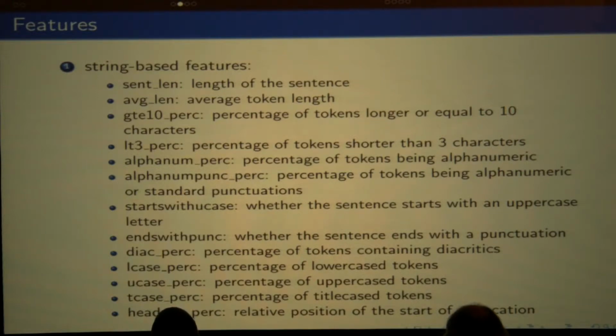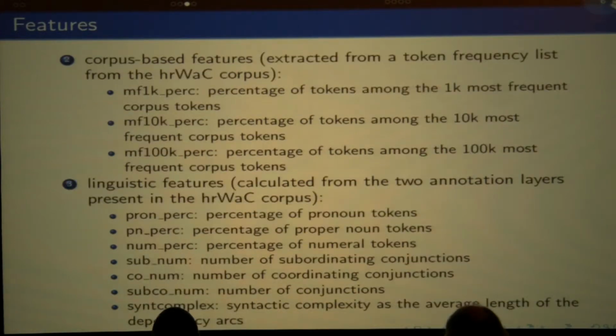So the obvious one is the length of the sentence, the average length of a token, the percentage of tokens being purely alphanumeric, whether a sentence starts with an uppercase, whether it ends with a punctuation, the percentage of lowercase tokens, of uppercase tokens, the relative position of the start of the collocation, etc. So those are the features that have been extracted from the text being considered a simple string, nothing more than that.